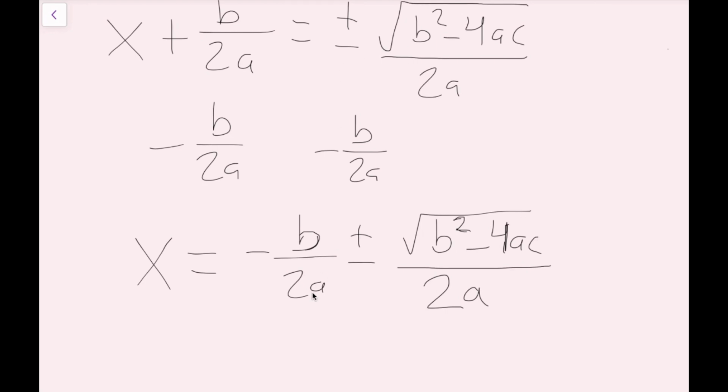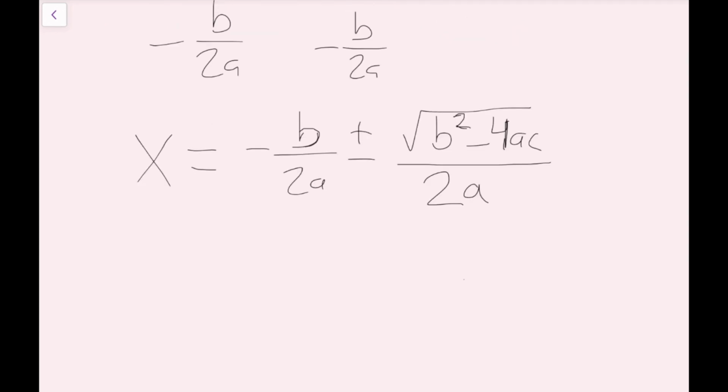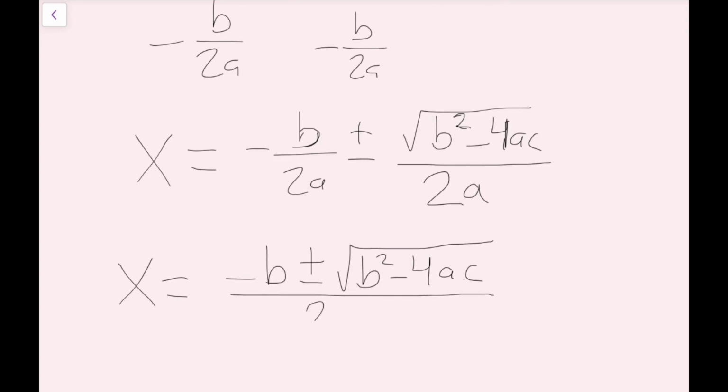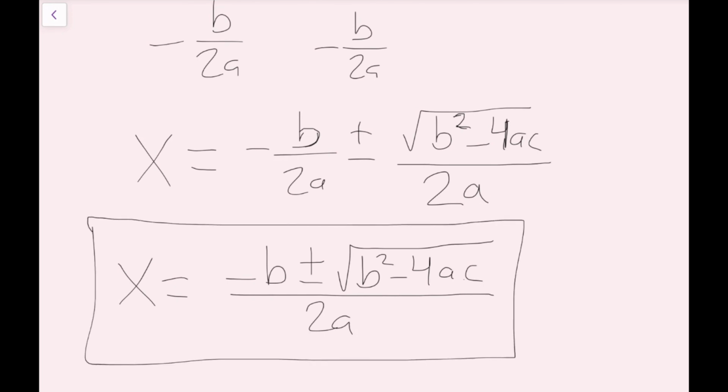And we see we have another pair of common denominators, so I can just combine this all into one denominator. So now I get x equals negative b plus or minus the square root of b squared minus 4ac all over 2a.